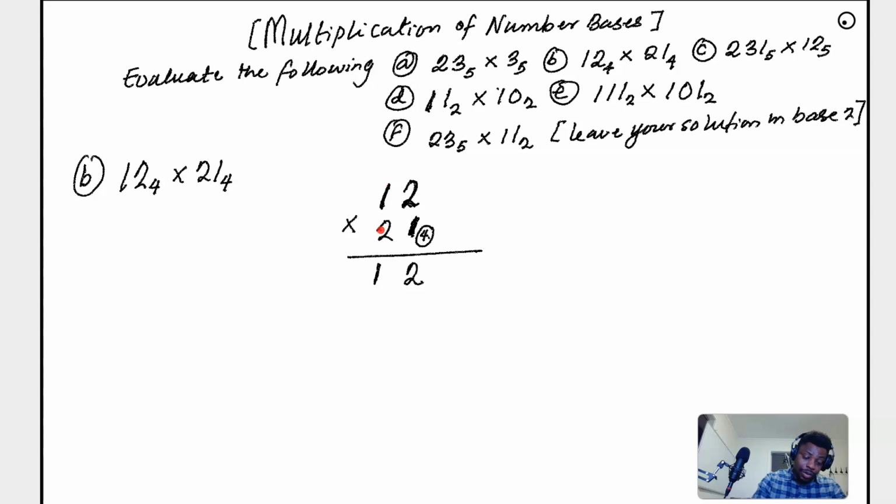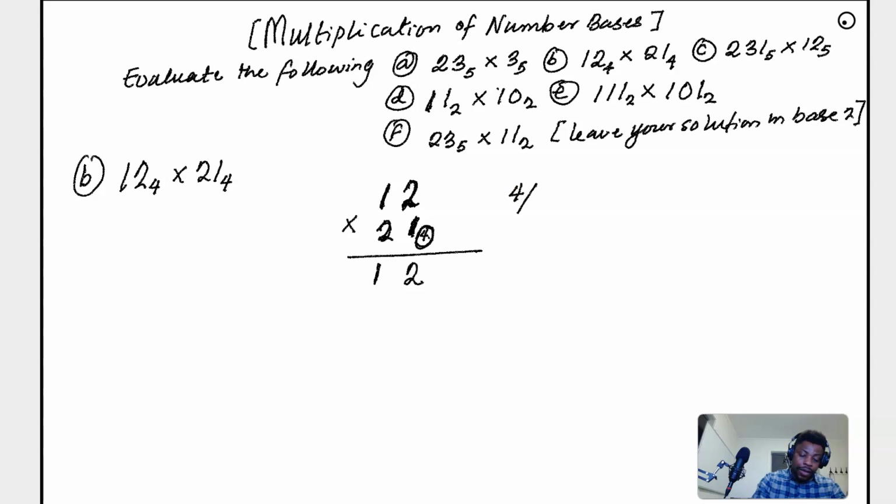So the next thing is to use 2 to multiply 1 and 2, like your normal multiplication. So 2 times 2, that is 4. 4 is equal to the base. Remember I said, whenever the number is equal or greater than the base, you have to divide. So 2 times 2 is 4.